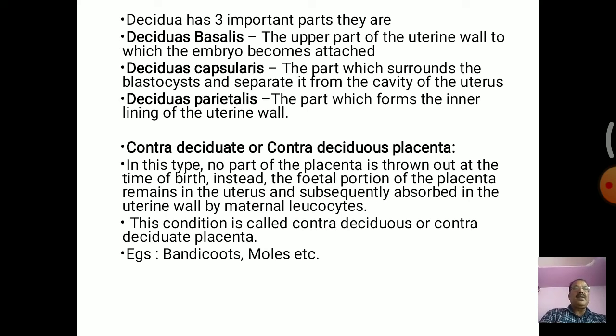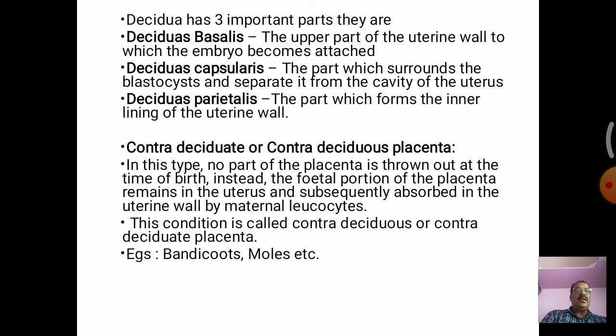Second one is decidua capsularis, the part which surrounds the blastocyst and separates it from the cavity of the uterus. Decidua parietalis, the part which forms the inner lining of the uterine wall.